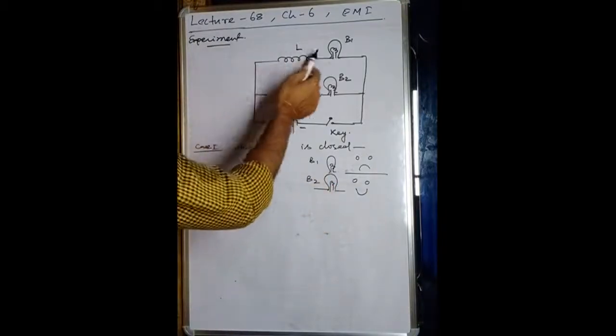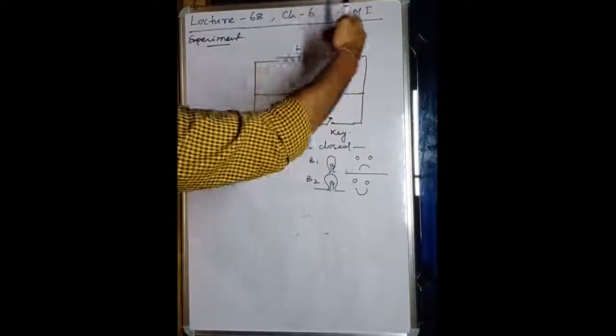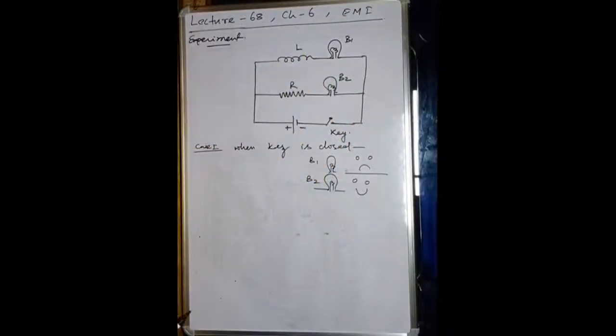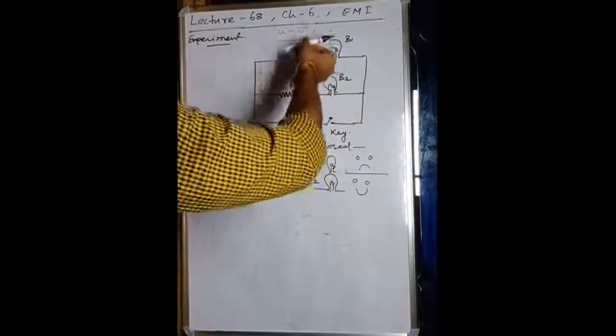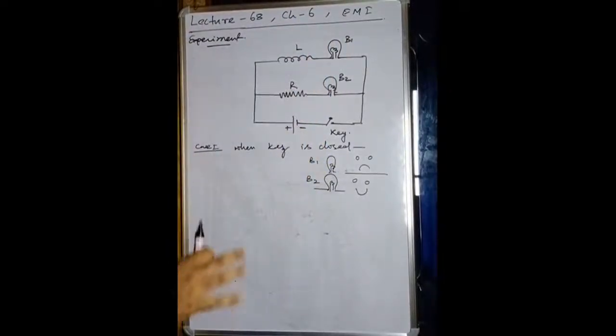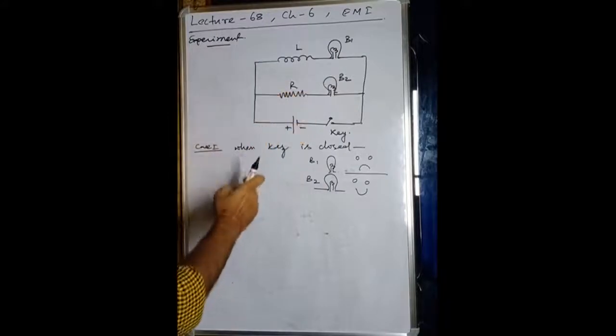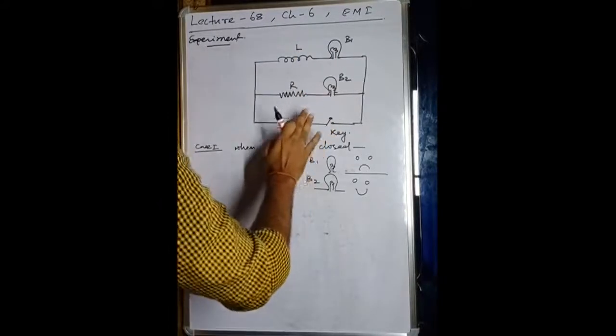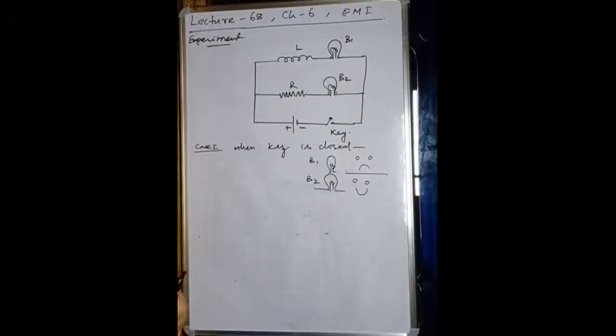As the current is increasing, there will be a back EMF, an opposing force which will not allow the current to move easily through the bulb, so this bulb glows at a very slow rate. That is, it will be dimmed, while the other gets the current with its constant value, so it will glow up. Now, case 2.